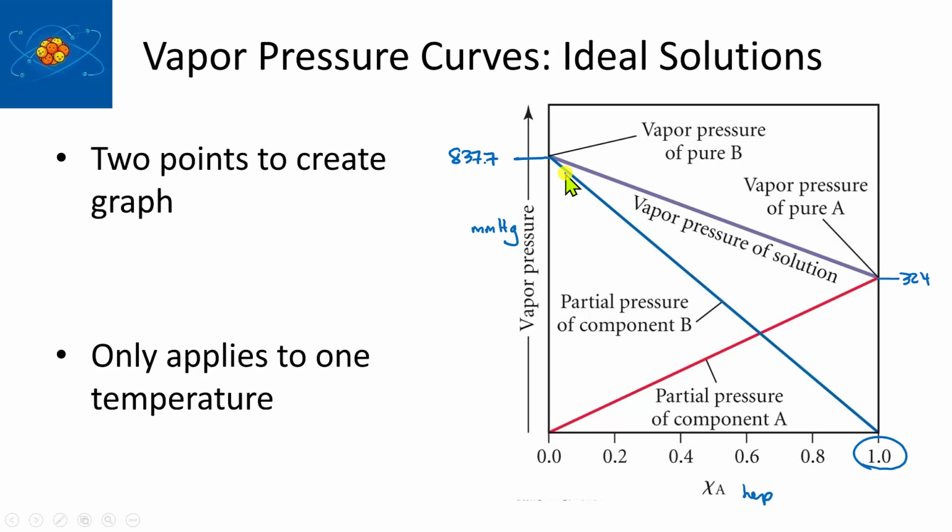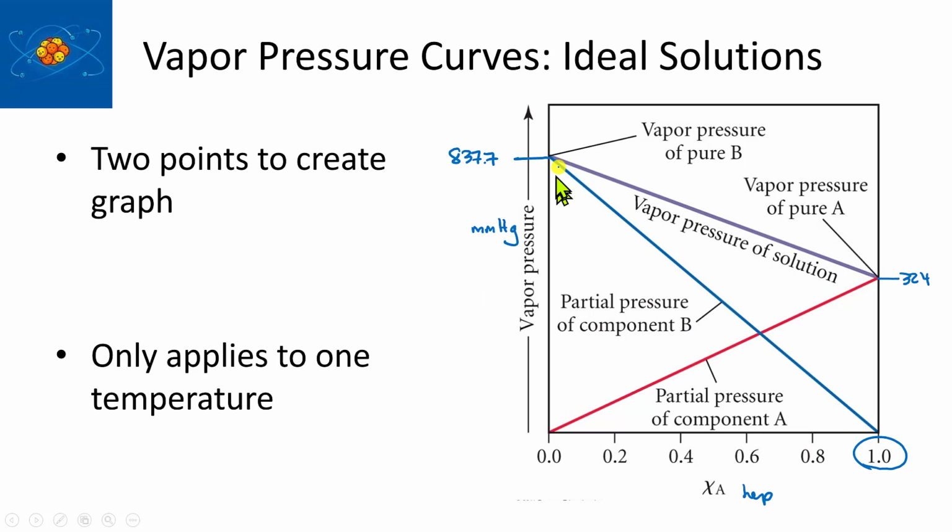Now, these individual lines represent the vapor pressures of each of the solution components as a function of their mole fraction.